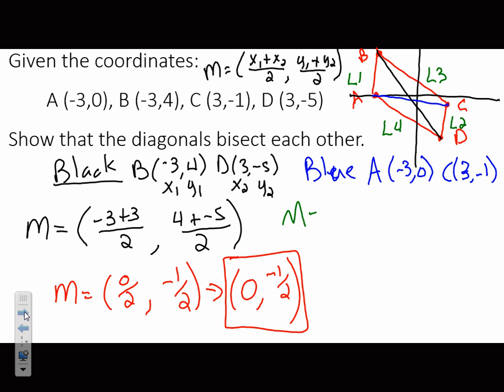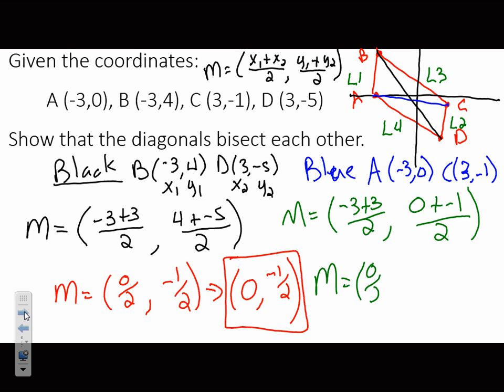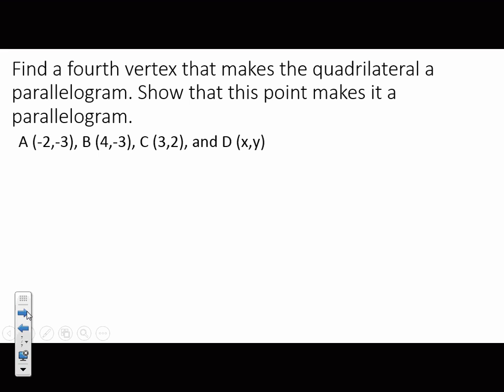So M equals negative 3 plus 3 divided by 2, and 0 plus a negative 1 divided by 2. So my midpoint equals 0 over 2 and negative 1/2, which simplifies to 0 and negative 1/2. And this, ladies and gentlemen, is our correct answer. All right. Moving on to our last example.